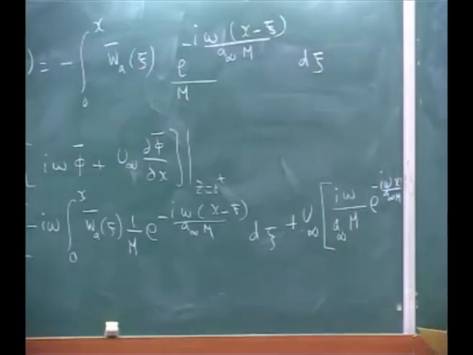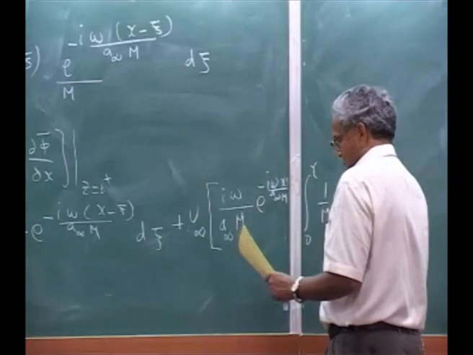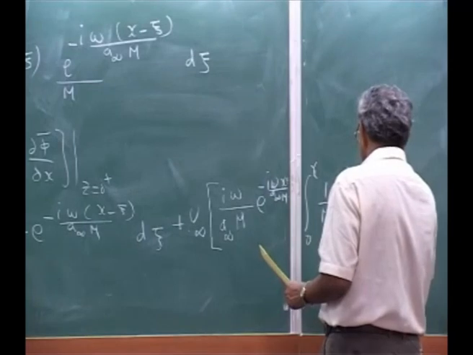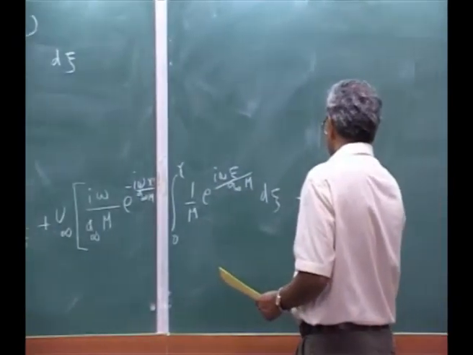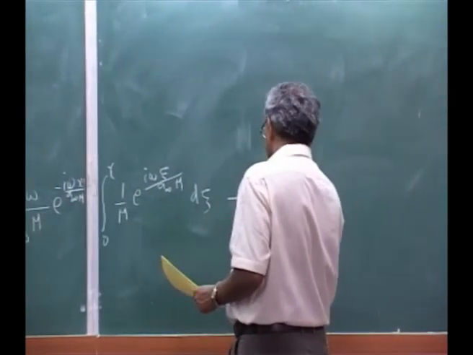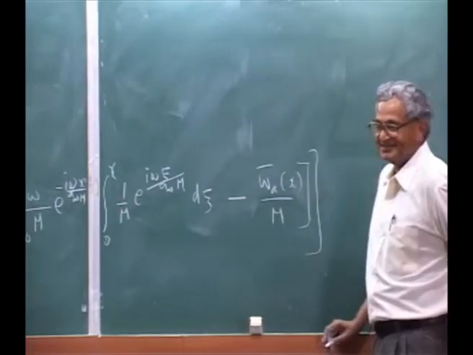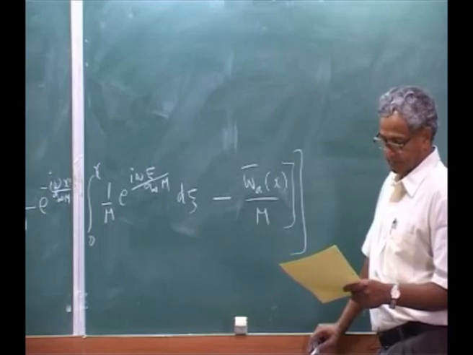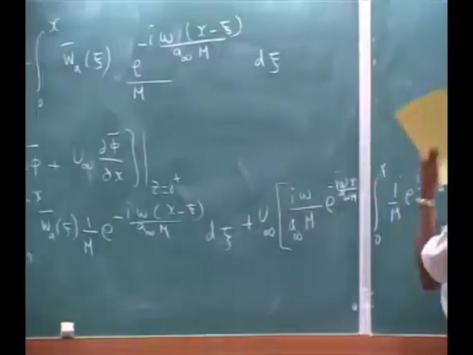Let me erase this part, because this is going to be a long integral, 0 to x, 1 over m e power i omega psi over a infinity m d psi minus w bar a x over m. Here you will find these two terms will cancel out.